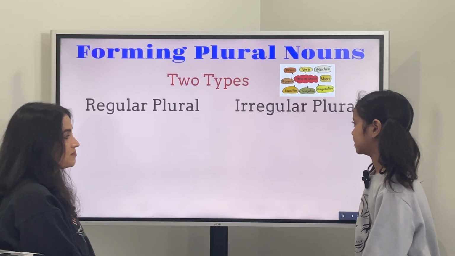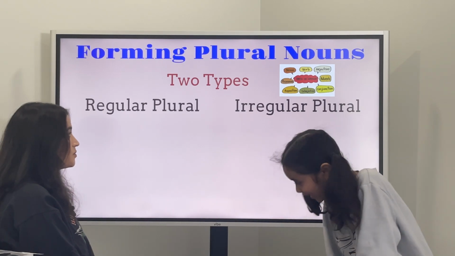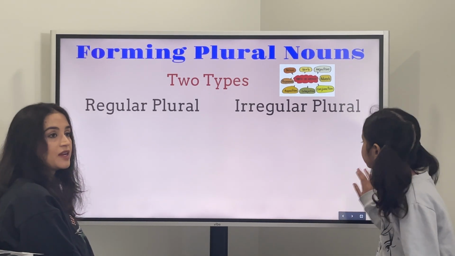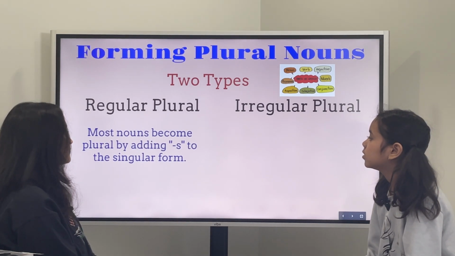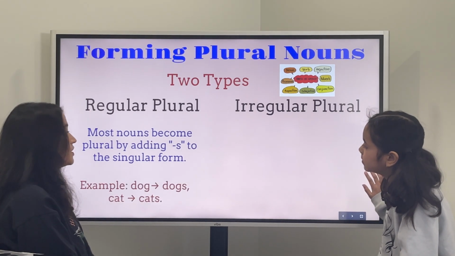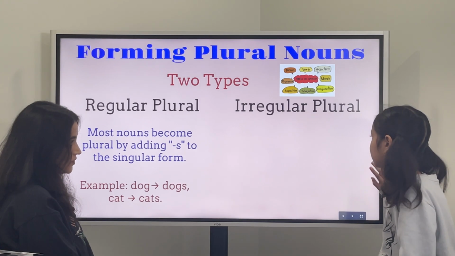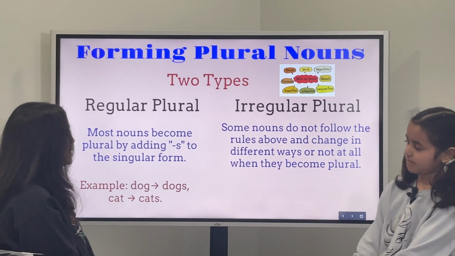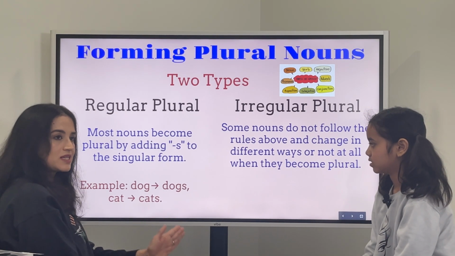So there are two types of plural nouns: regular plural and irregular plural. Most nouns become plural by adding s to the singular form. Example: dog, dogs, cat, cats. So, Lina, regular plurals are normally made by adding s at the end.